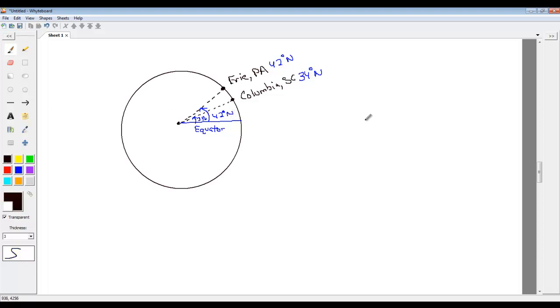Now we also know that the radius of the Earth is 6,400 kilometers. Let's figure out the north-south distance between the 2 cities.